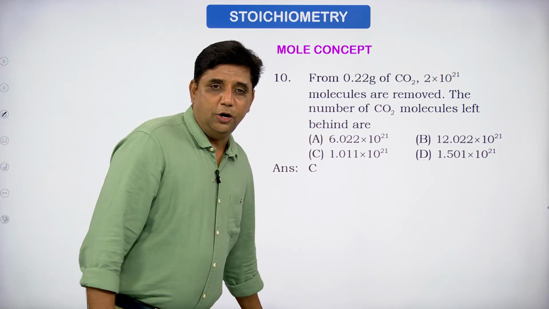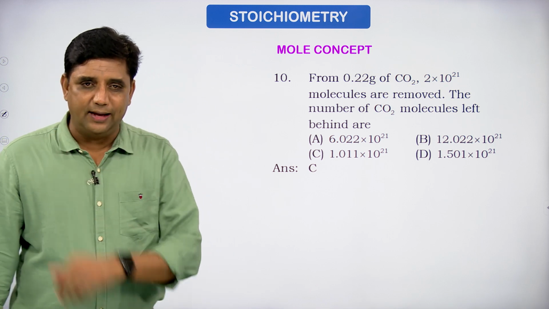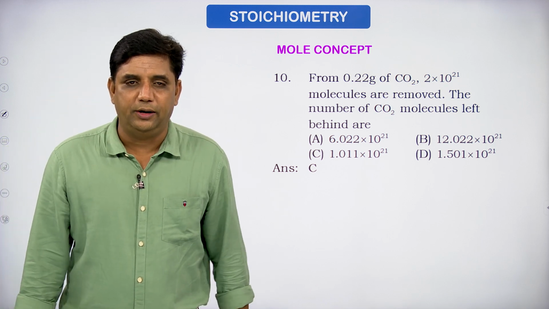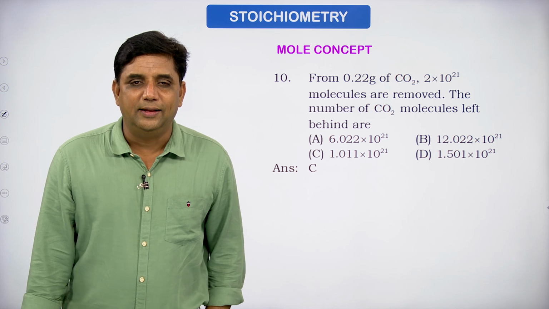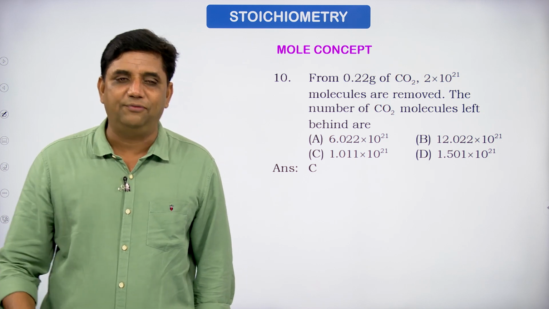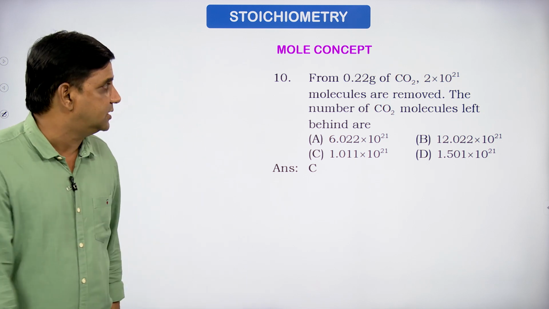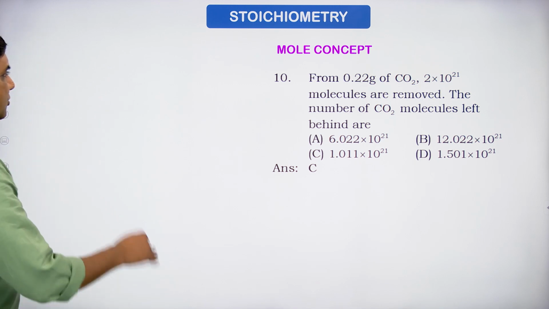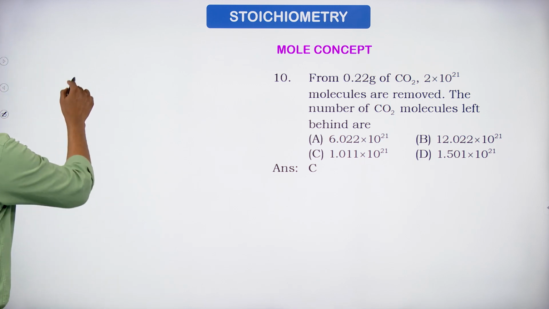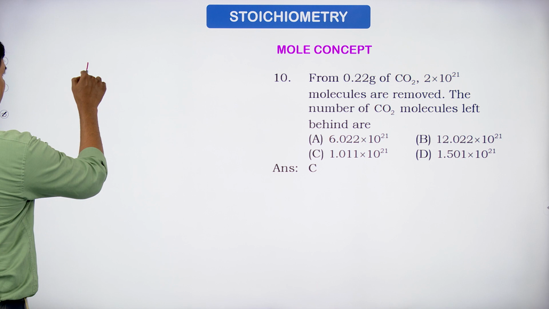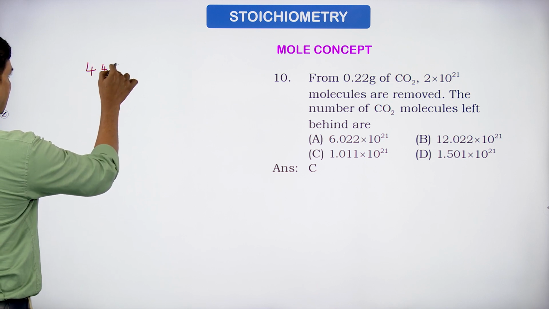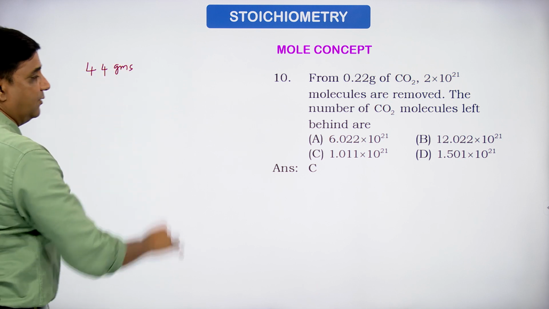From 0.22 grams of carbon dioxide, 2 into 10 power 21 molecules are removed. The number of CO2 molecules left behind is asked. Very interesting question. Now students, first of all, how many molecules will be there? 44 grams is the molecular weight of carbon dioxide.